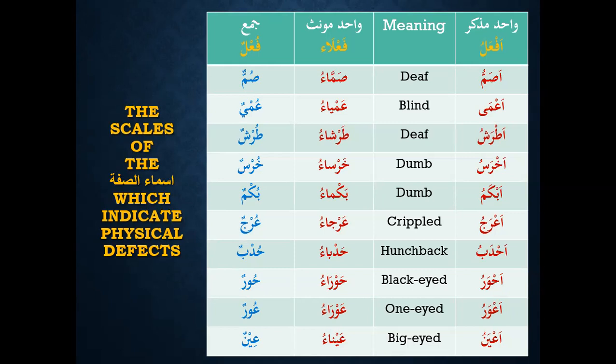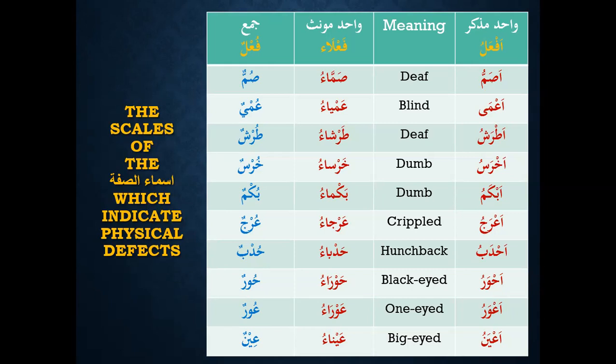Asammu, samma, fa'la, and fu'lun, summun, a'ma, amya, umyun, atrash, deaf, tarsha, turshun, akhras, kharsa, khursun, them again.